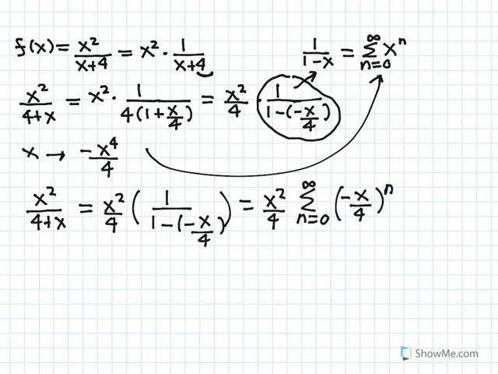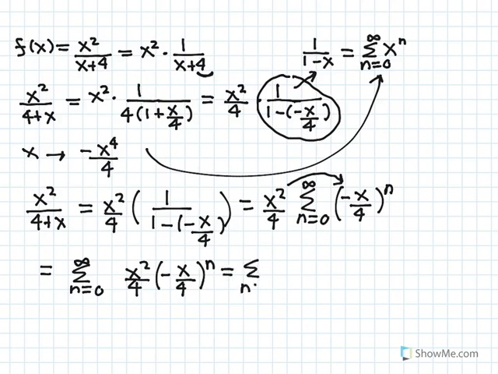Now, we can multiply x squared inside the summation. So we're going to get summation n equals 0 to infinity, x squared over 4, multiplied inside the summation, times negative x over 4 to the power of n.